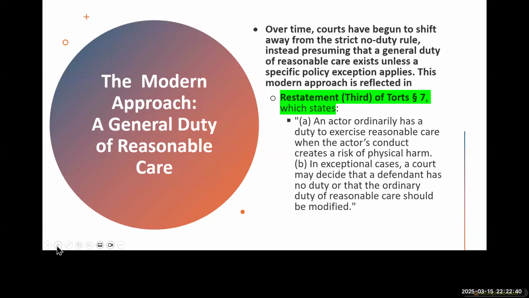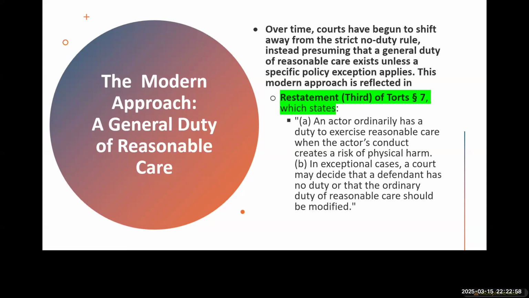Now, back to the modern approach. In the modern approach, a general duty of reasonable care is presumed. Where do I get that? Restatement Third of Torts, section 7.